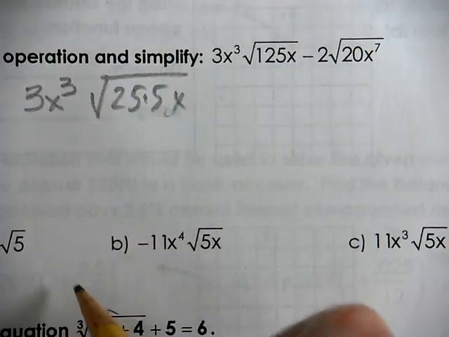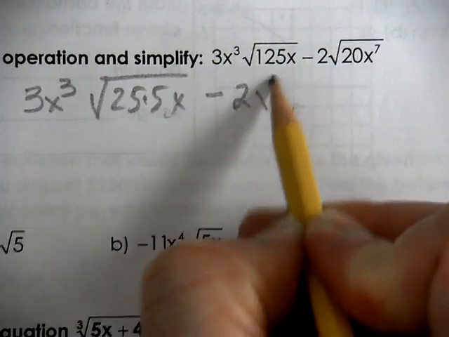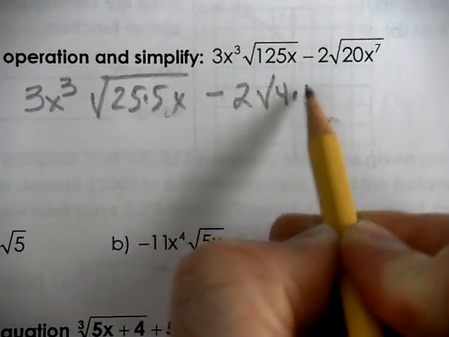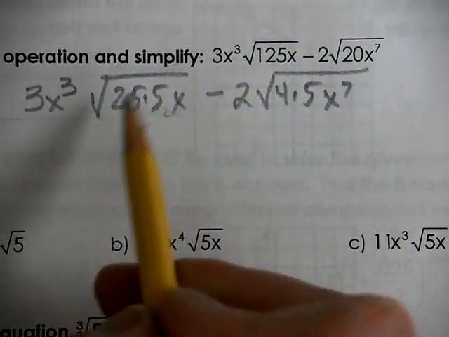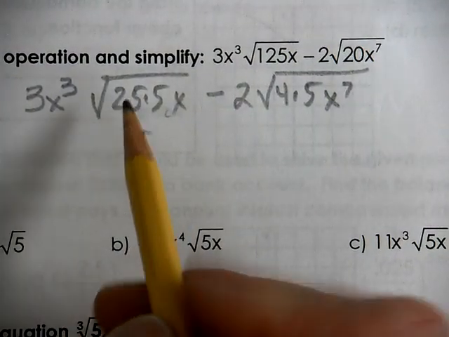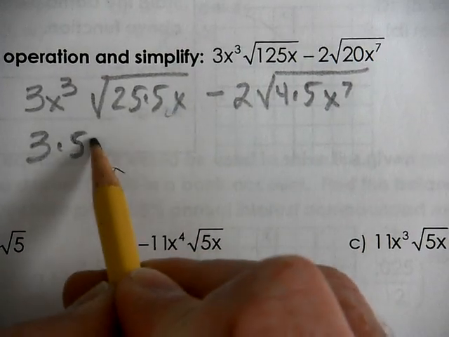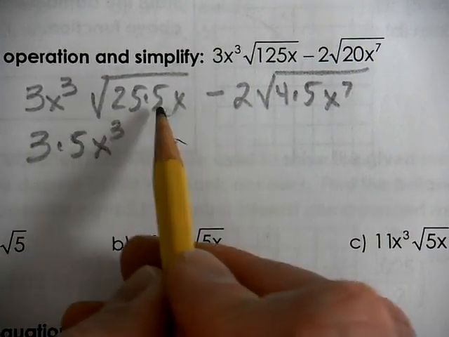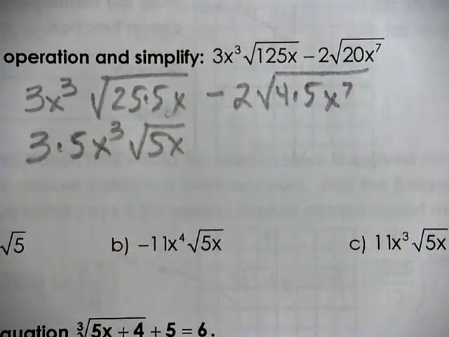And it has an x. And this is 4 times 5 with some x's left over. So I can take the square root of 25. I still have my x cubed. And that would leave me with a 5x left inside.